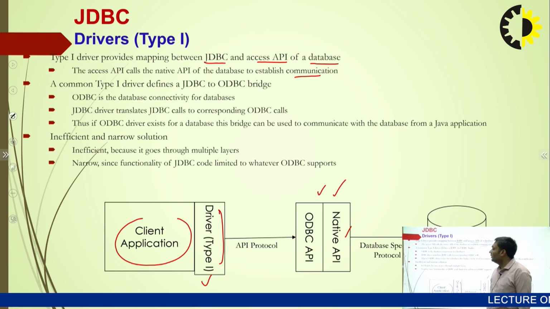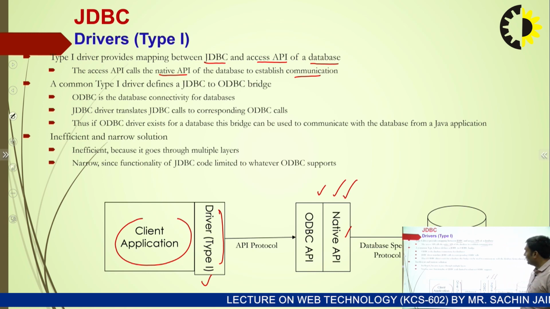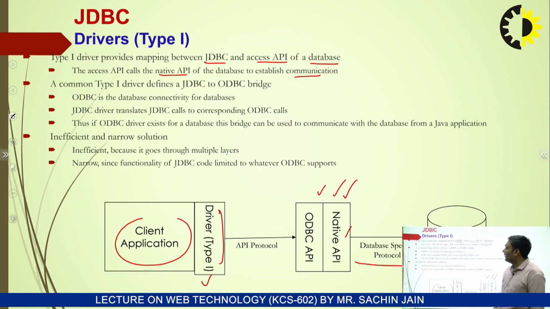So the API Access API calls the native API of the database to connect to the database. Right?